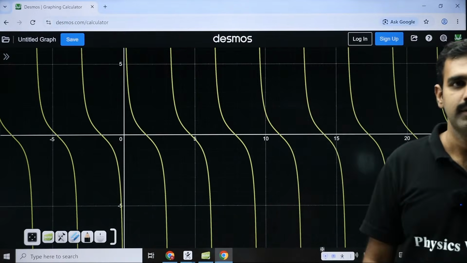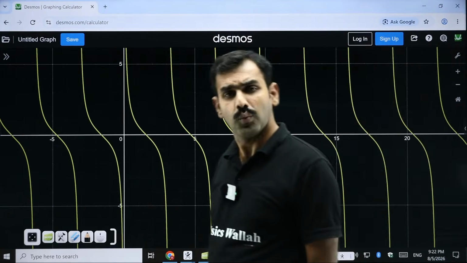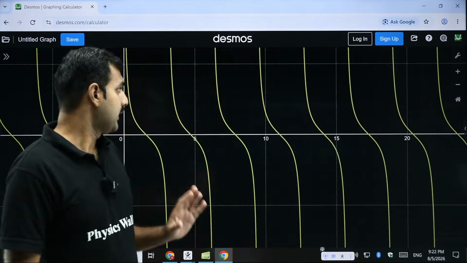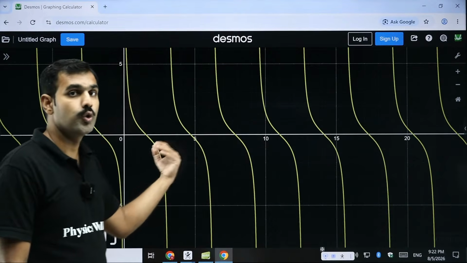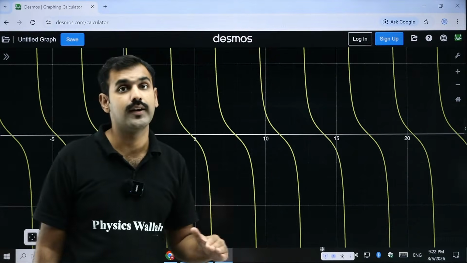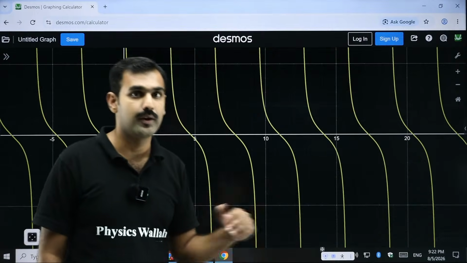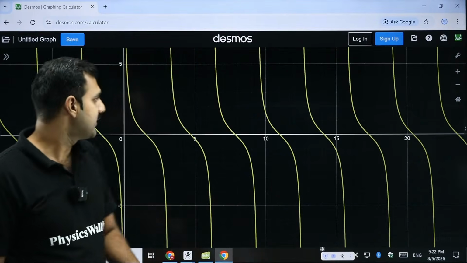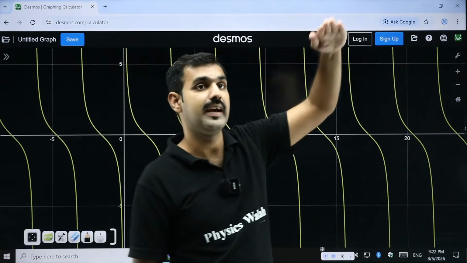Getting my point, Vijay? Whenever you see either the first quadrant, like 0 to π/2 or 2π to 5π/2, or the third quadrant, π to 3π/2, 3π to 7π/2, in those cases, tan x or cot x, the graph stays above the x-axis.